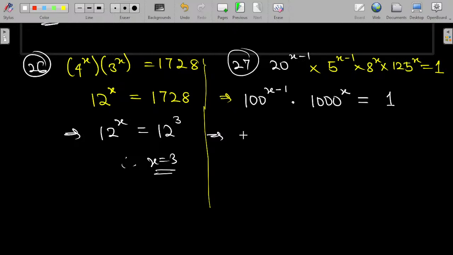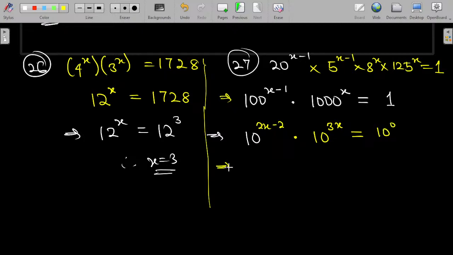So take everything to base 10. 100 in base 10 is 10 to the power of 2, so that 2 will multiply the existing power, and that's going to give us 2x minus 2, multiplied by 1,000 in base 10, which is 10 to the power of 3. That 3 will multiply the existing power x, and that will give us 3x. Don't forget to write 1 in base 10, and 1 in base 10 is 10 to the power of 0.